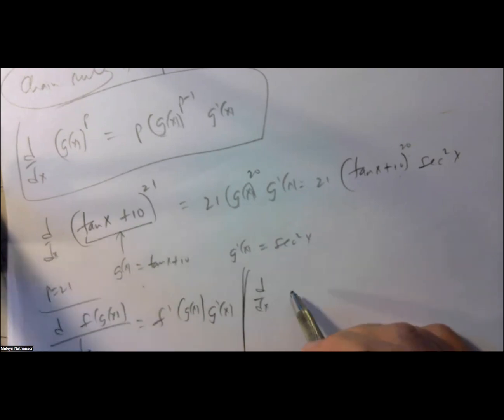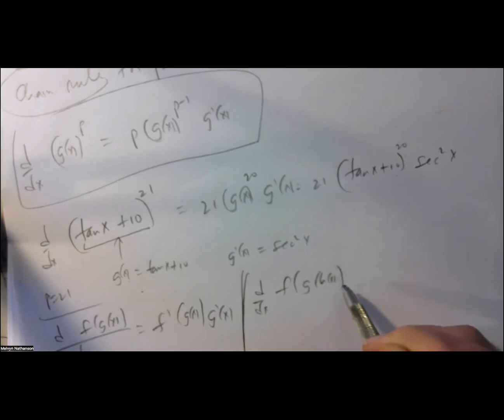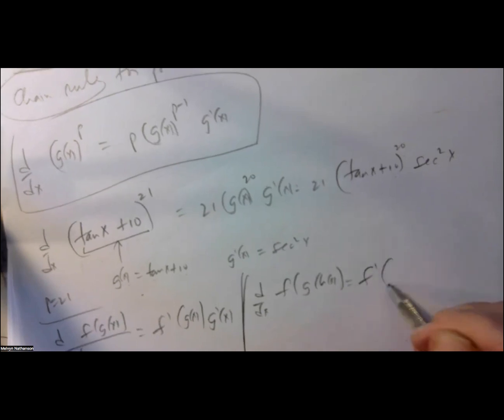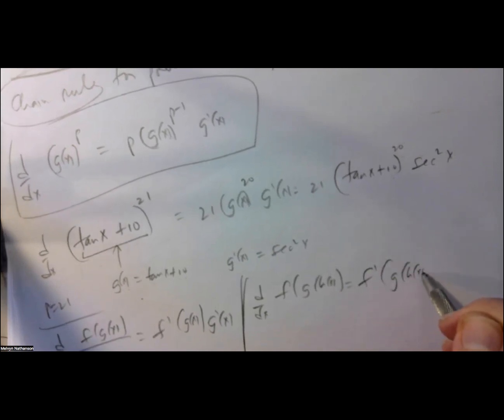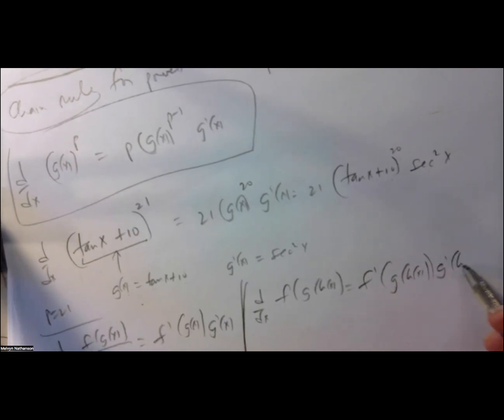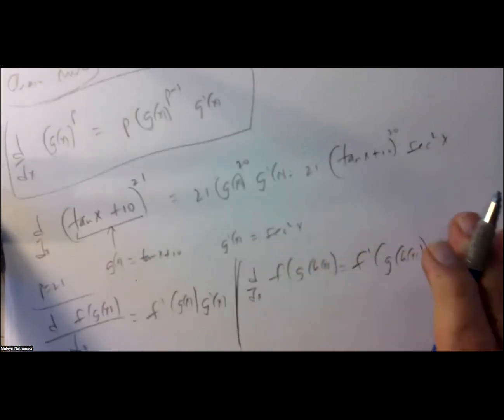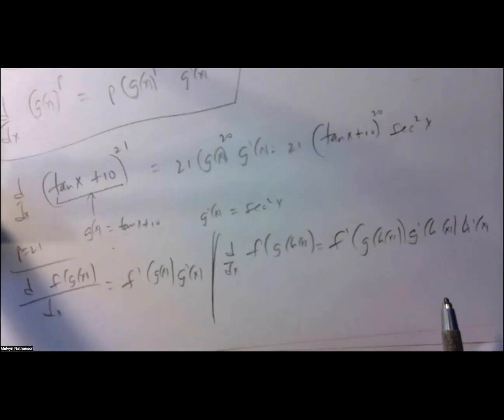Suppose we had three functions, f of g of h of x. This would be f prime evaluated at g of h of x, times the derivative of g of h of x, which is g prime evaluated at h of x, times h prime of x. So the formula looks a little bit complicated, though you have to get used to it.